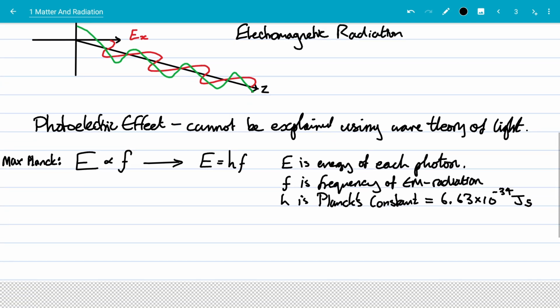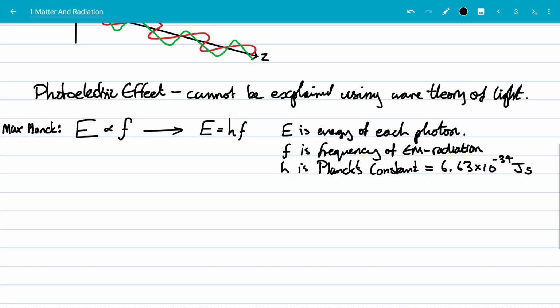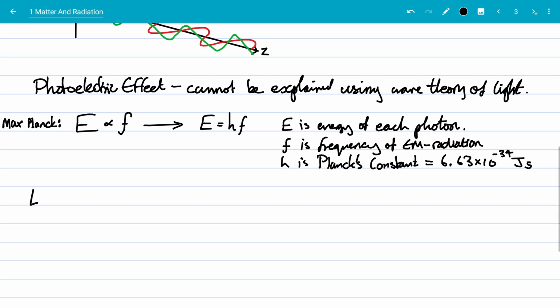So if that is the energy of each photon, then what about the amount of energy delivered by a light source, maybe a laser? So if I have a source of light, let's say laser power, what's going on there? Well, there we might say that we have n photons being delivered in every t seconds.